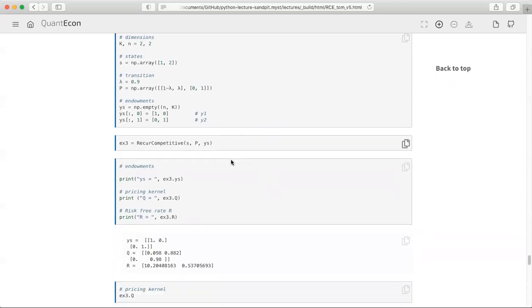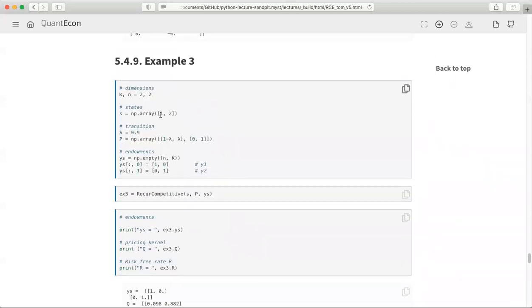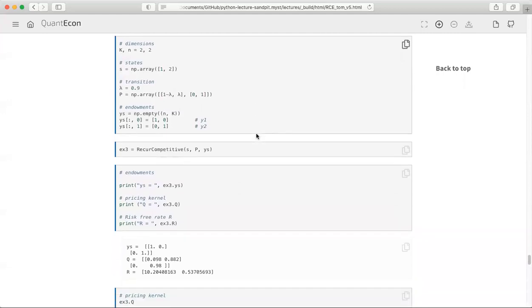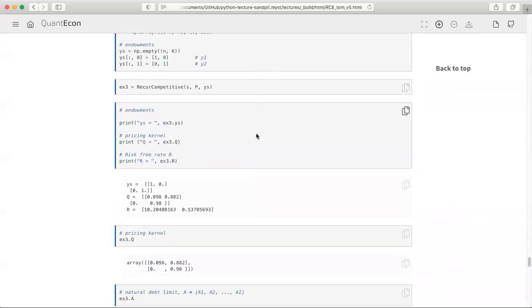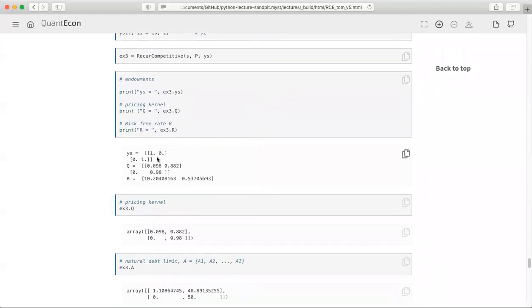So we're going to set lambda equal to some number simply. We're going to set it 0.9. So it's going to take a while on average to get to this state, but once you get there, you're going to stay there. Okay, so let's see the way this works. There's our endowment. There's our Q. Now that's pretty interesting.